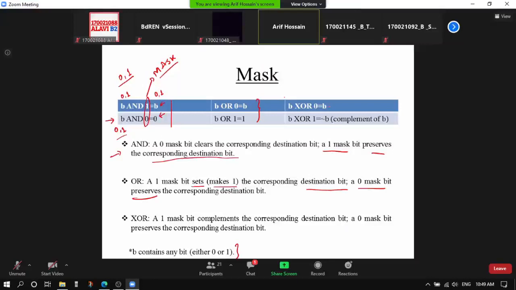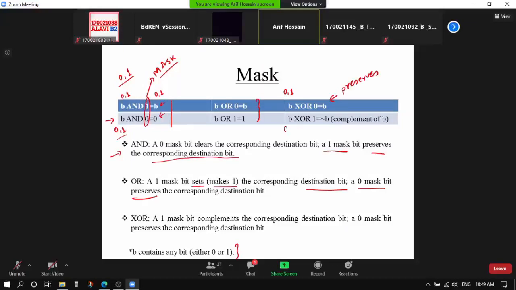Okay, so the last one is the XOR operation. So see, B can be either 0 or 1. If you perform 0 XOR 0, you will get 0 because 0 XOR 0 is 0. And if you perform 1 XOR 0, you will end up getting 1. So you see, with 0 as mask, if you perform XOR operation, it preserves your original bit. Now come over here.